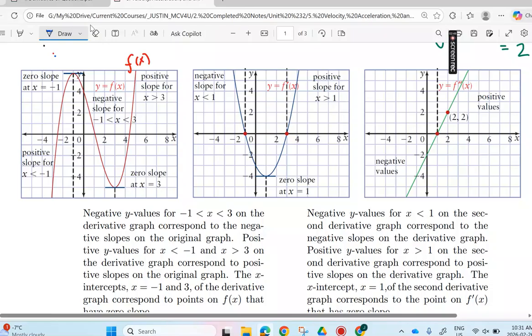For example, if I want to find the instantaneous rate of change at 2, at this particular point, I need to draw a tangent line, and the instantaneous rate of change will be the slope of that tangent, which is the slope of that blue line, and that number is going to be a negative number, right? Because if you look at the slope of that line, it's going to be negative. I can't tell you what it is right now, but it looks like it will be a negative number.